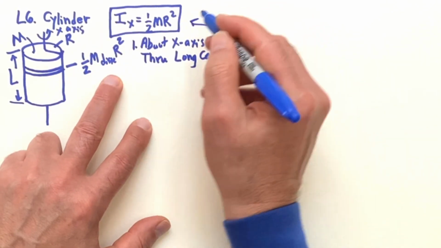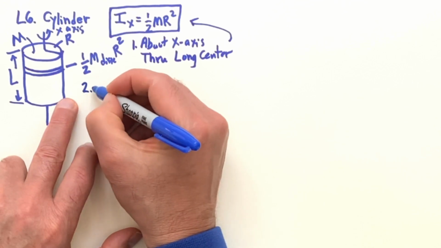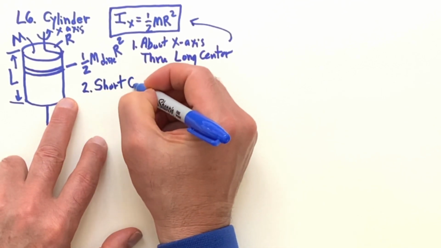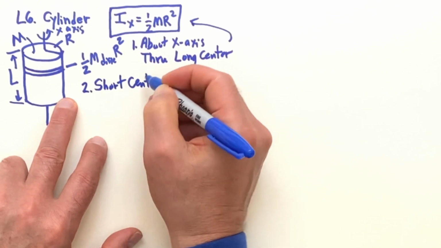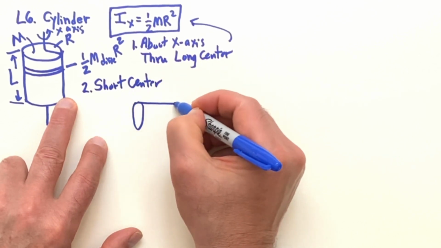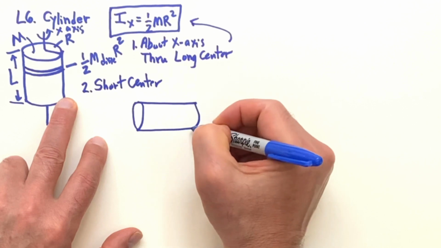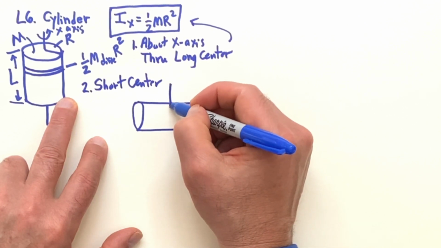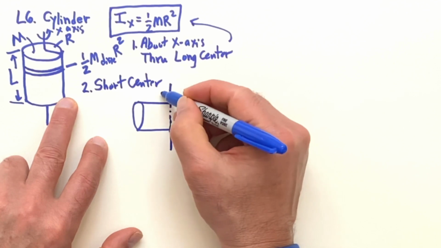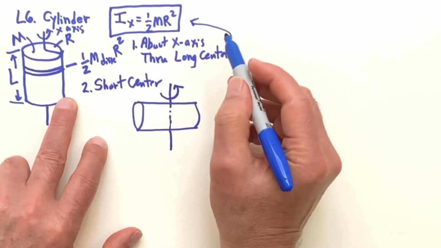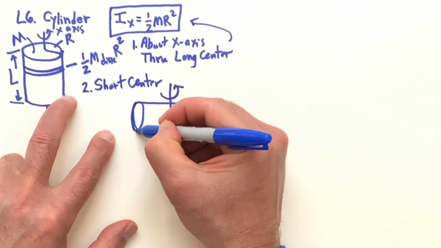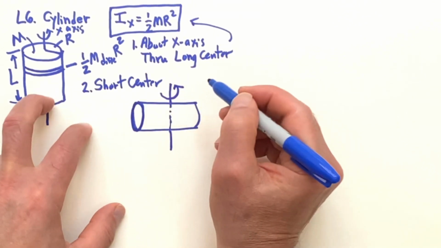But what about through the short center? In other words, you have it this way. See, the axis now is going like this, and you're going to go around like that. That looks very, very scary.